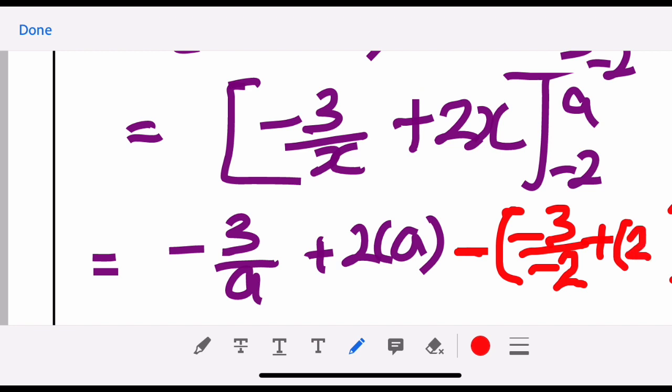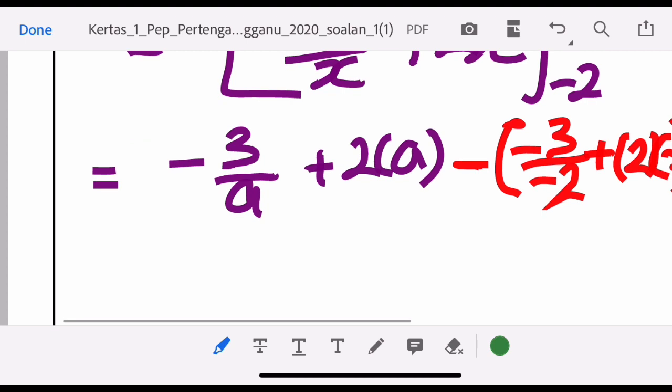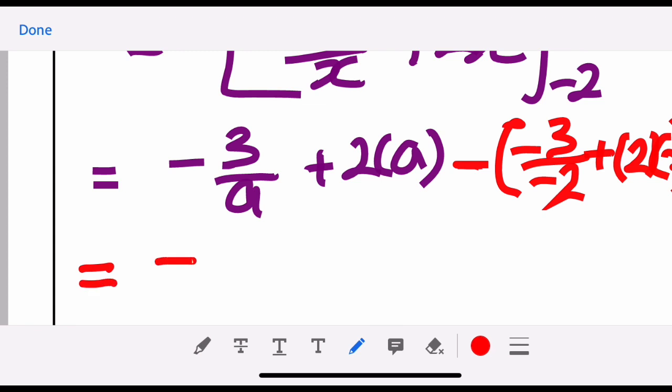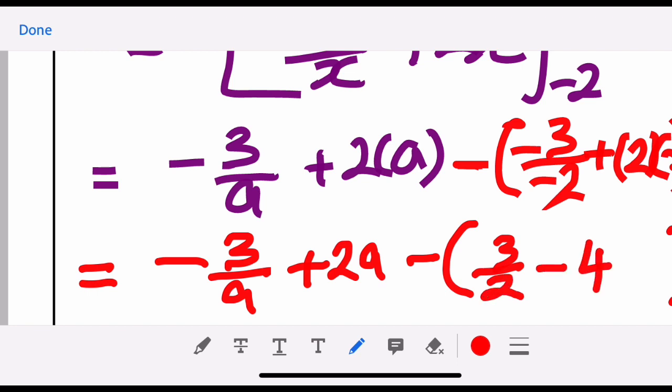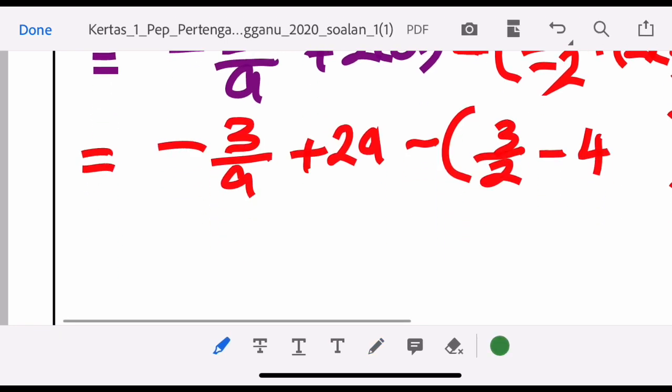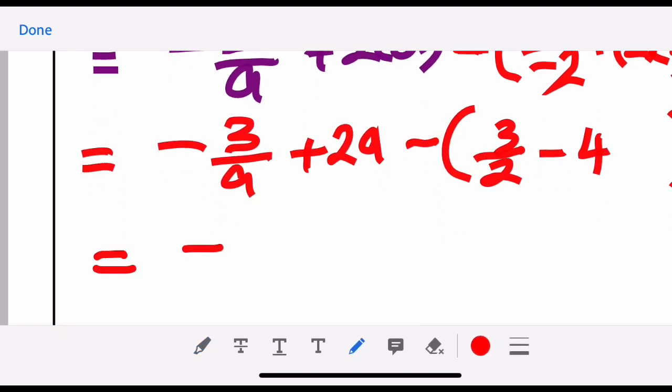There's a 2 times negative 2. So finally, it looks very simple, but the negative actually causes a big problem, so you need to be double careful. Let's simplify inside the bracket first. This is 3/2, right? This is minus 4, isn't it? Right? 2 times negative 2 is minus 4. So finally we will actually do like this, plus 2a.